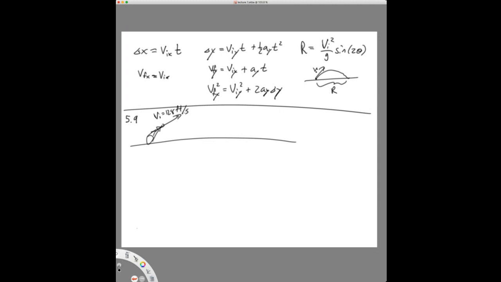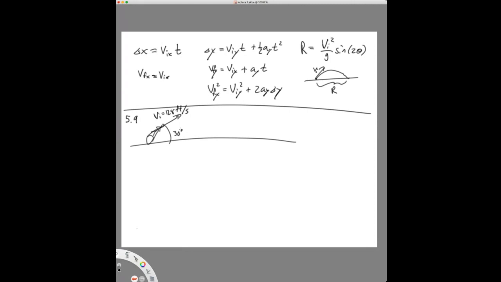Notice the units are different than what we're used to. And this angle, it says it's from the ground, so ignore the fact that the body's a little bit above the ground here. Okay, so that's what happens.